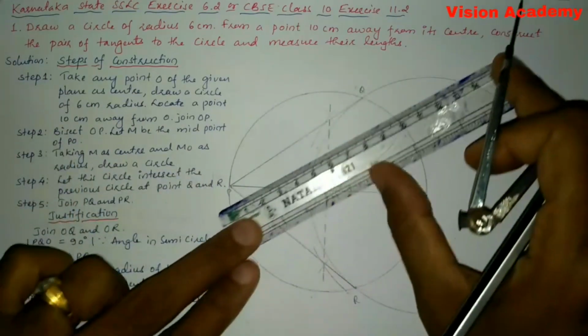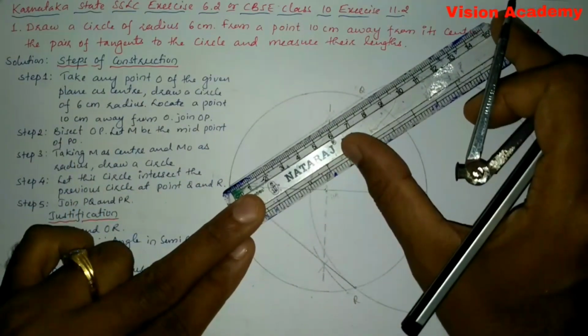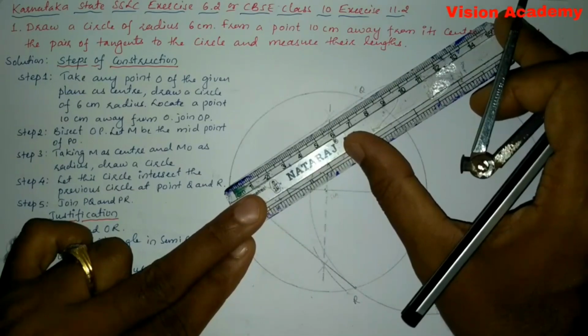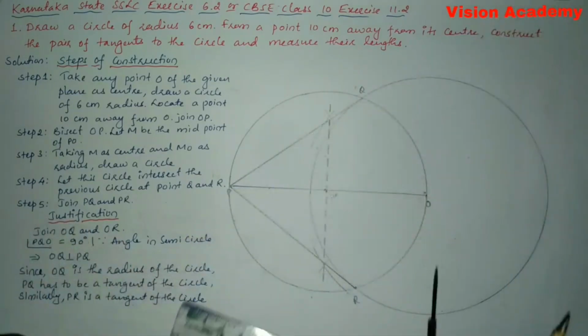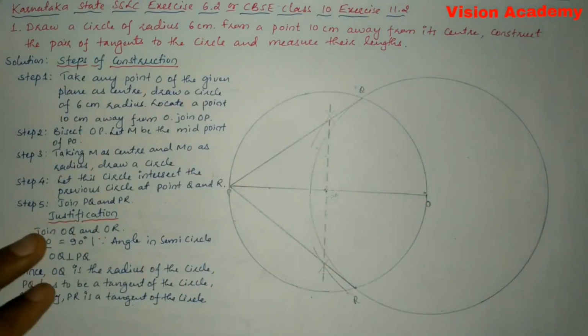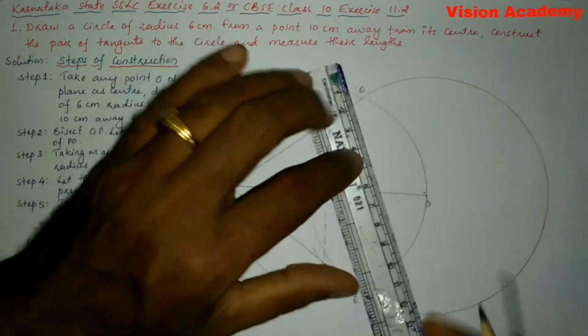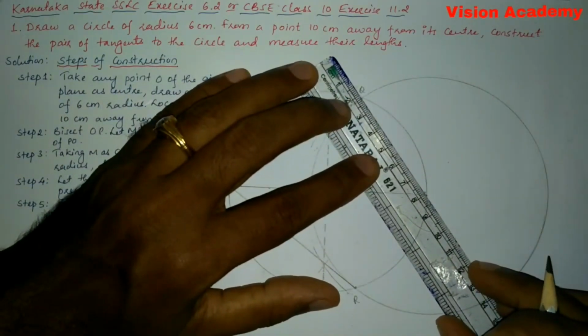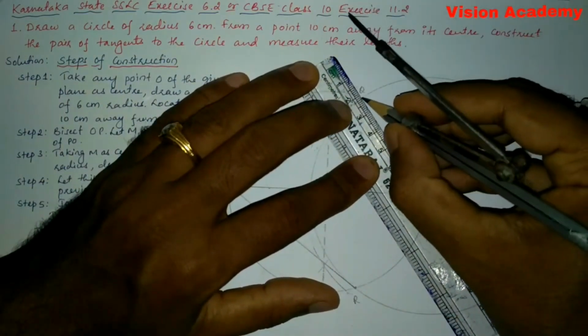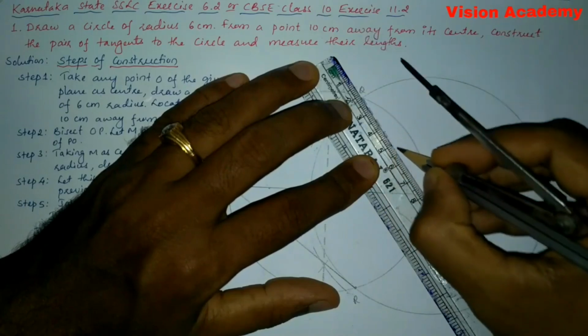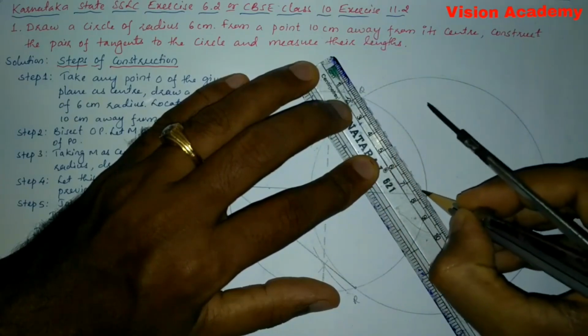Here the length of PQ is about 8 centimeter. Now we'll go for justification. Join OQ and OR. So let us join OQ and OR.